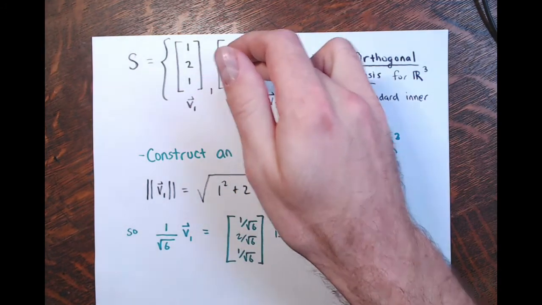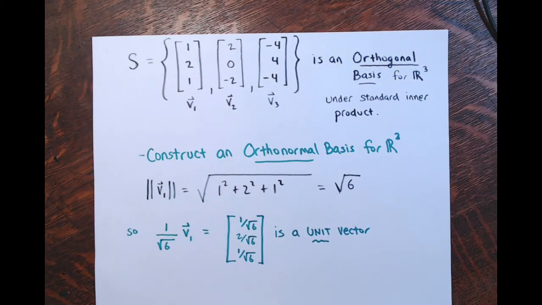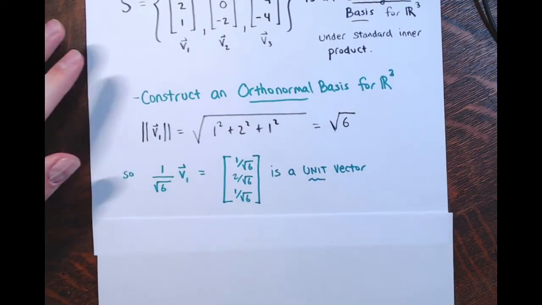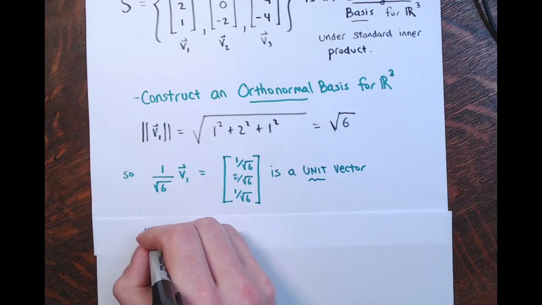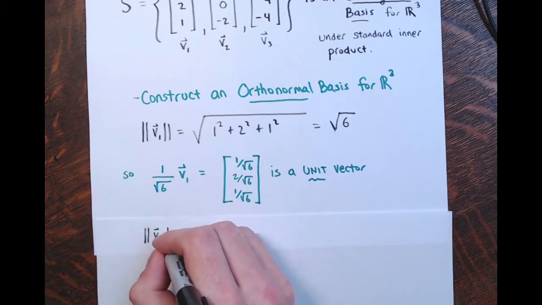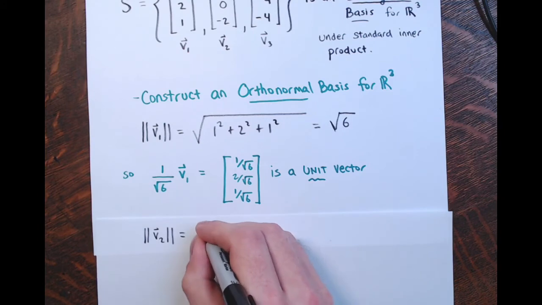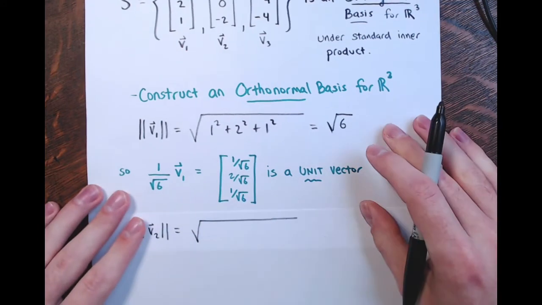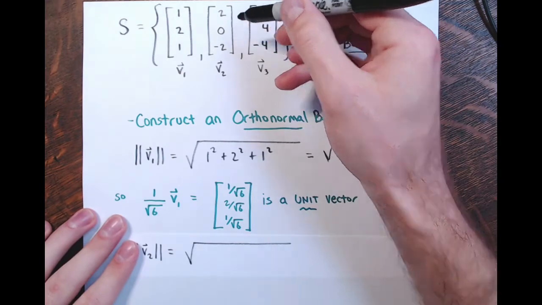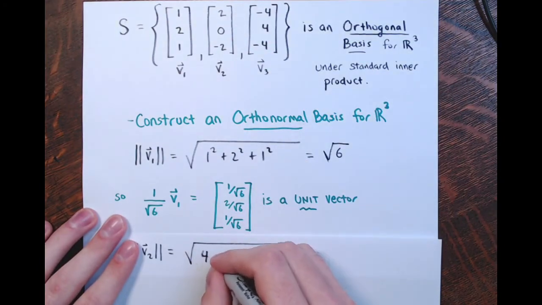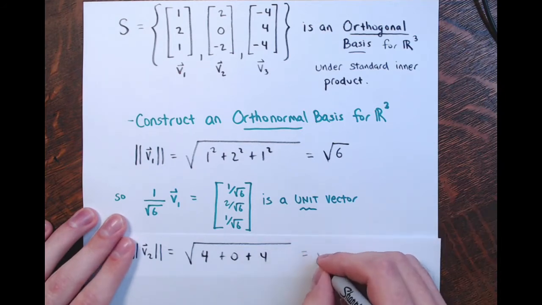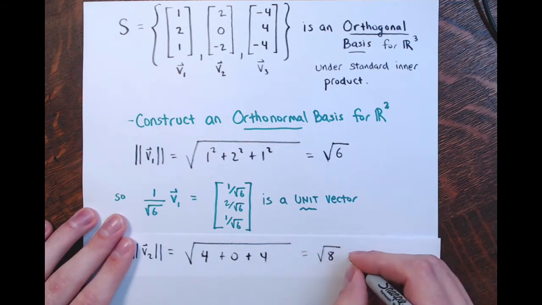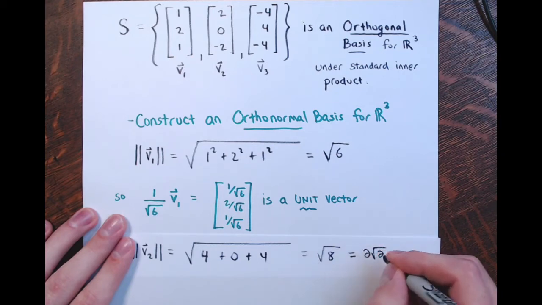So let's just normalize these other two vectors now. Let's find the norm of vector 2. Again, the square root of the dot product of this vector with itself. So, 2 squared plus 0 squared plus negative 2 squared. Right. So it's the square root of 8, which is just 2 root 2.